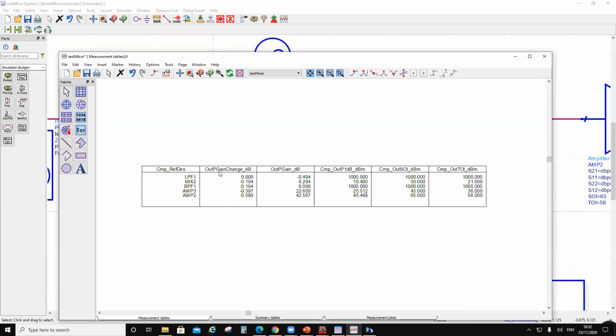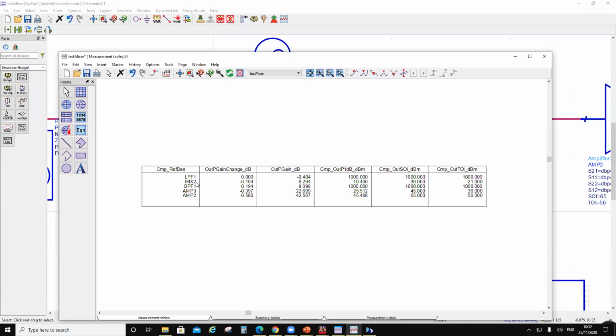Compression. It is saying that at that power level, LPF is not compressing. Mixer is compressing by 0.194. BPF, this is going to be a loss actually. This will not be, because you should see it as a delta. So for example, here 0, here minus 1.94.